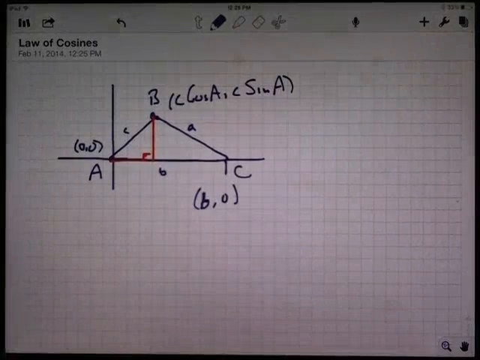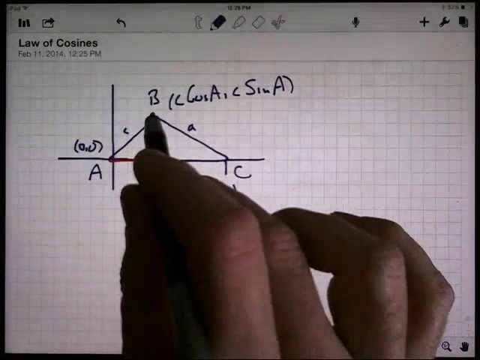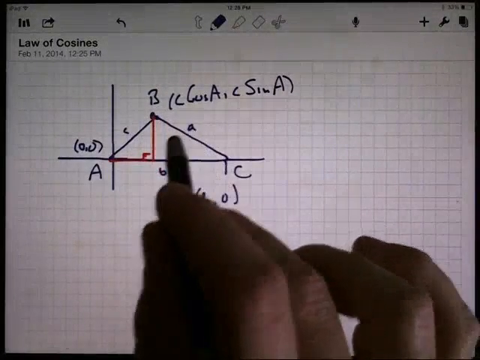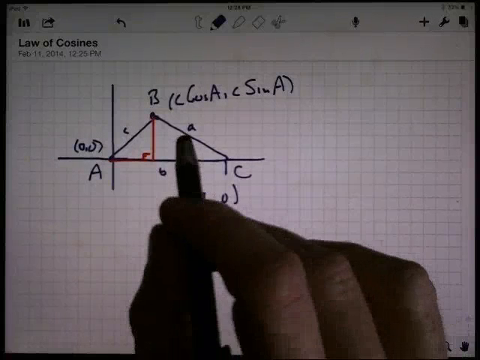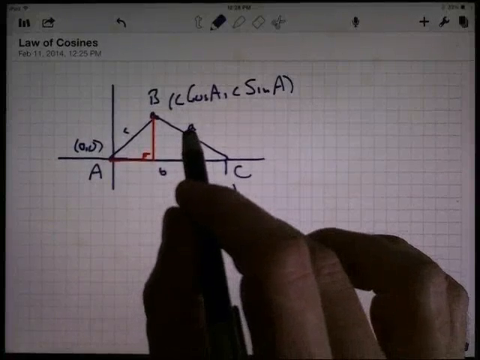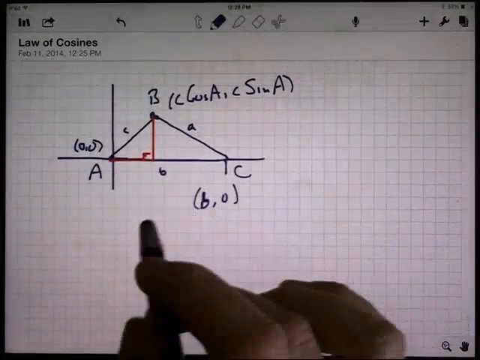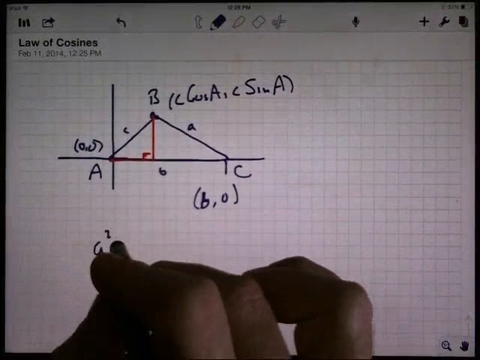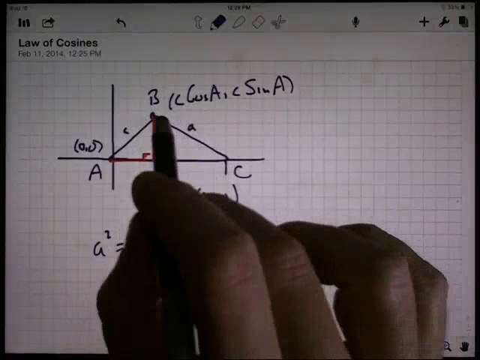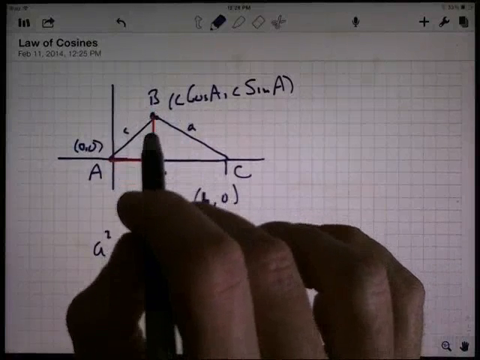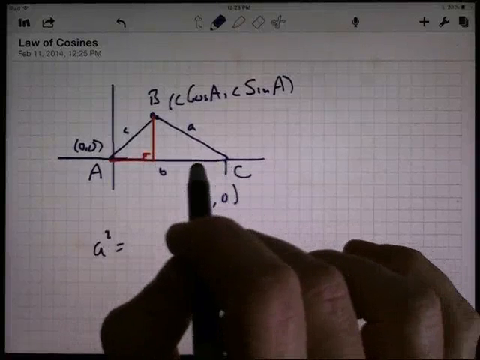Okay. And now I'm going to look at the length of this side here, which has an A on it, and I'm going to calculate it. Well, I know it's length A, so actually I'm going to do the length squared. So A squared is equal to, actually I'm doing the Pythagorean Theorem here. A squared is going to be this side squared plus that side squared.